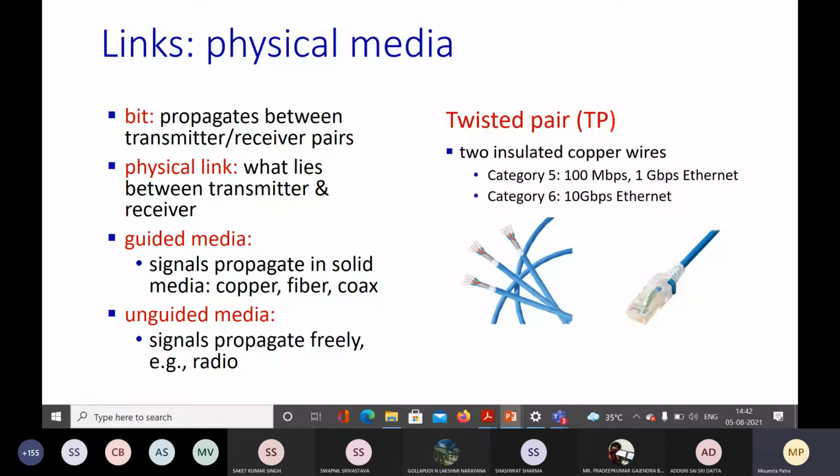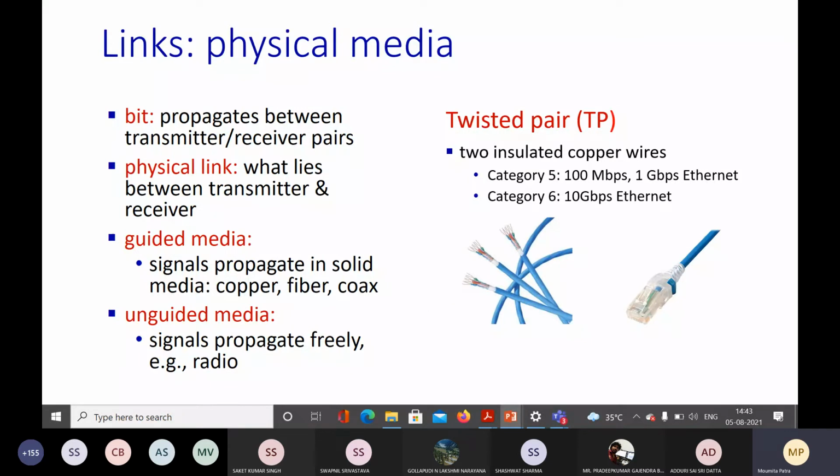Now, there are physical links between devices, which will basically connect the transmitter and the receiver, that is, one host to another host. That's the communication link. If you have a wired link, a physical link, that is what lies between the transmitter and the receiver. Now, these physical links are divided into two categories: one is guided medium and another is unguided medium.